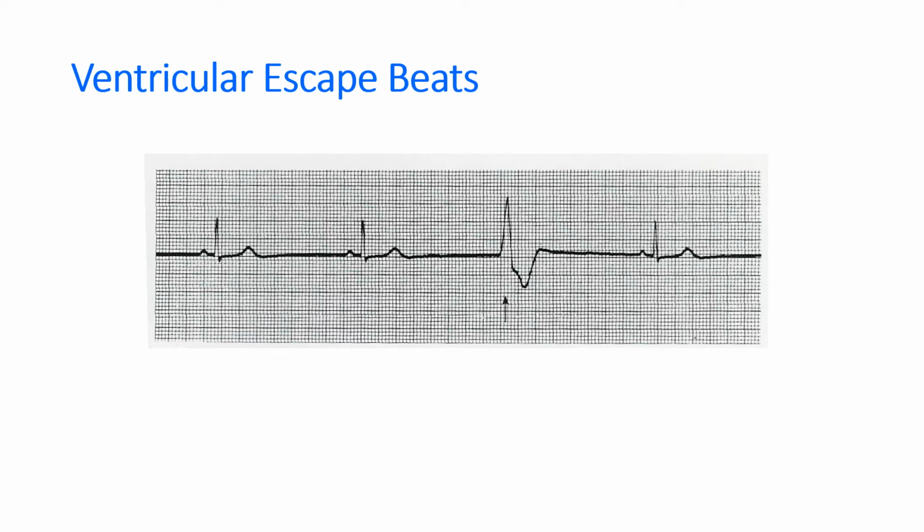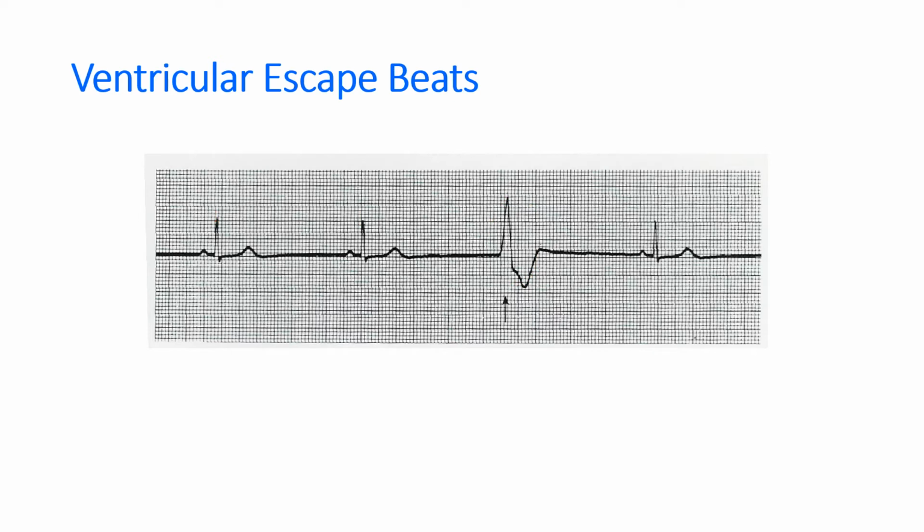But again, if you had a premature beat, this PVC or ventricular escape beat would be early. It is not. If you measure between your R to R's, you would probably have an R to R right here, and it didn't fire, so you have a ventricular escape beat that kicked in because your SA node and your AV and your junction failed.